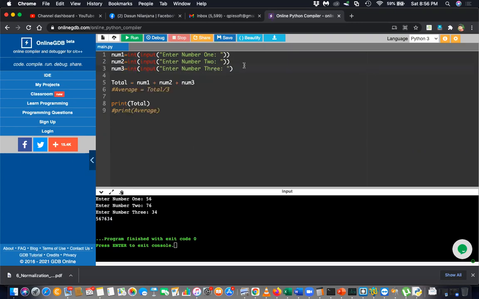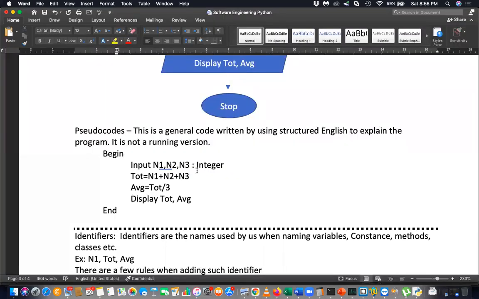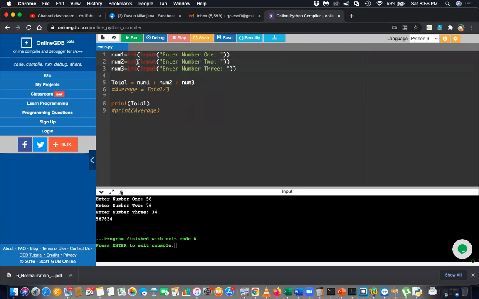So similar to our pseudocode, can you remember? We said those numbers are integers. Similar to that, here also we have to tell these numbers are integers, int, int. Then if you run this, see what will happen. Number 1, number 2, and number 3, then you'll get the correct answer, 155.